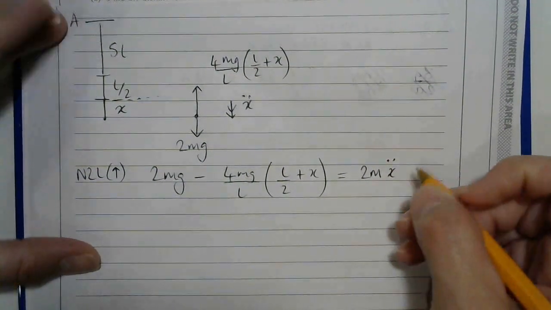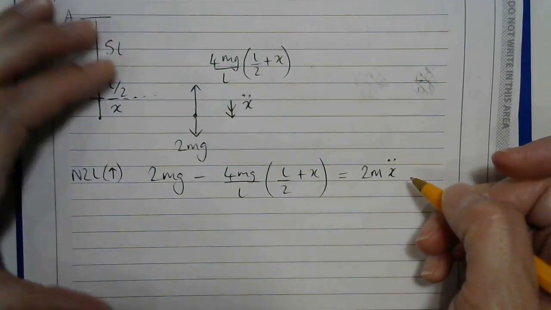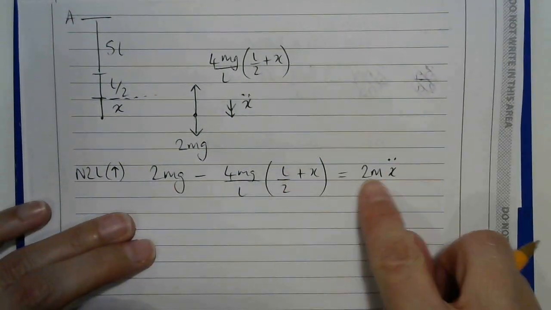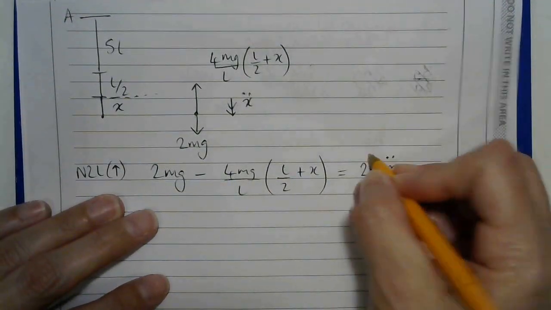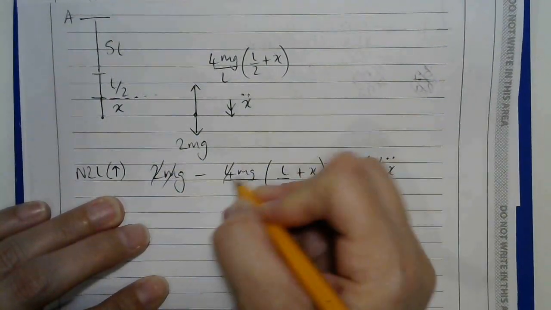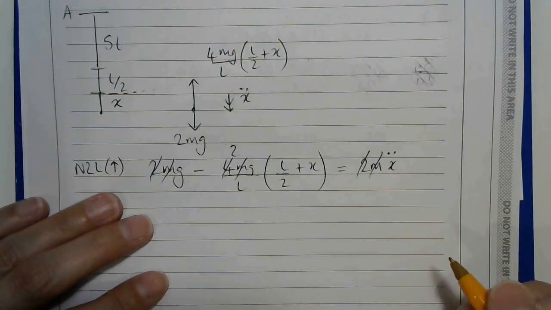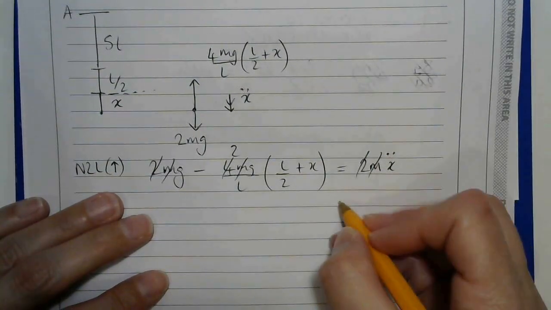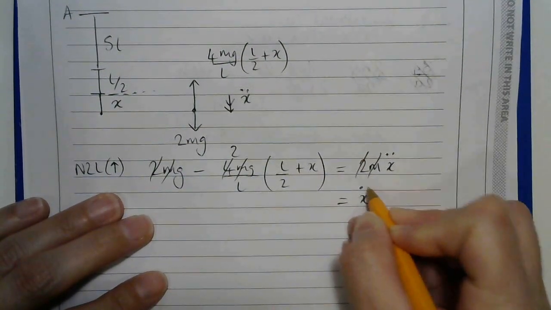Watch out on these questions every time the mass is something other than m. I can see I've got 2m everywhere, so I can divide everything by 2m, and to end up with x double dot as the subject, that's all I need to do.